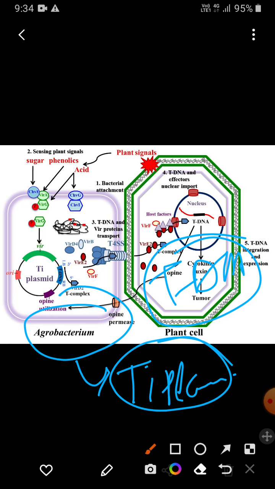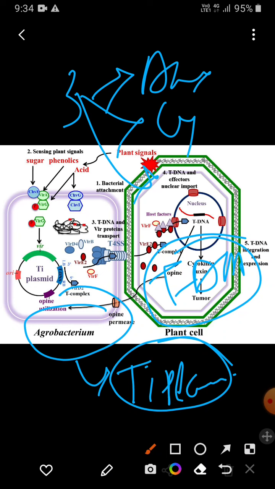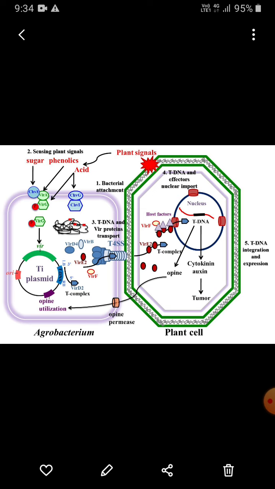Upon integration with the plant's genome, the T-DNA starts synthesizing three products: auxin, cytokinin, and opine. Opine goes back to the Agrobacterium tumefaciens and is utilized by them, while auxin and cytokinin are phytohormones involved in interfering with the normal development of the plant cell. That is how the entire process goes on.